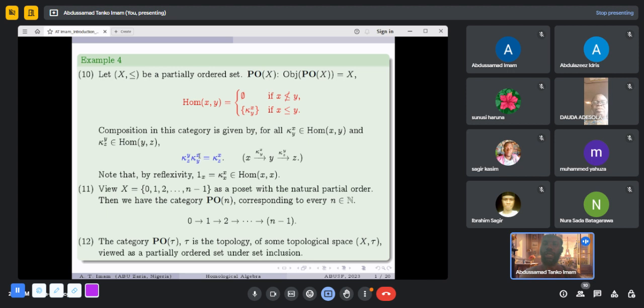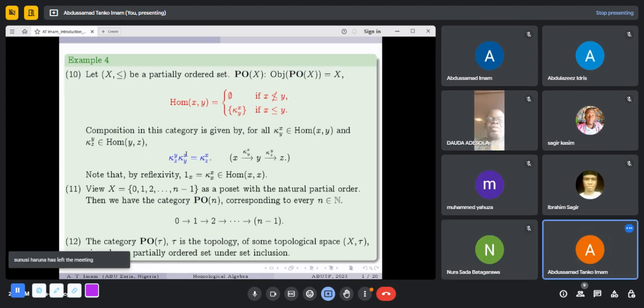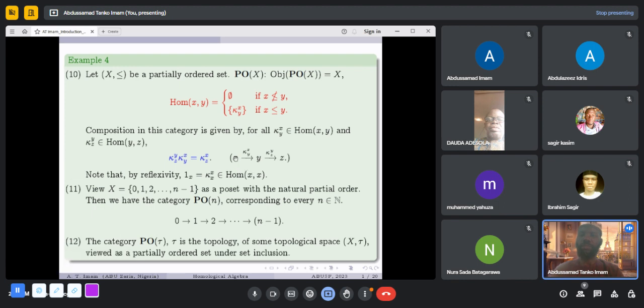If you have an arrow from x to y and from y to z, you can compose the two arrows to give you an arrow from x to z, precisely because you are dealing with a partially ordered set here. The partial order is transitive, so we are very sure that we have an arrow from x to z.